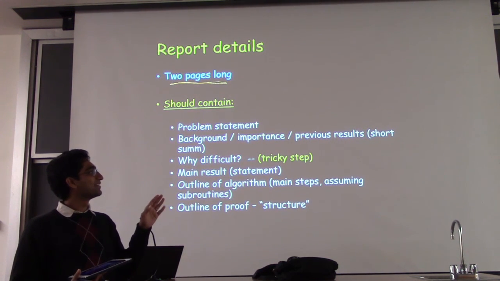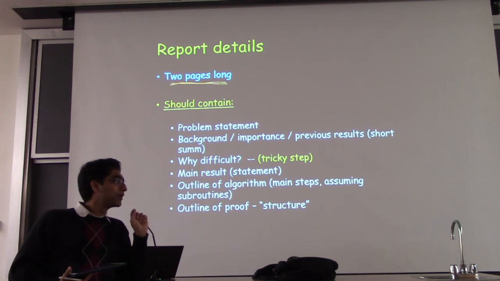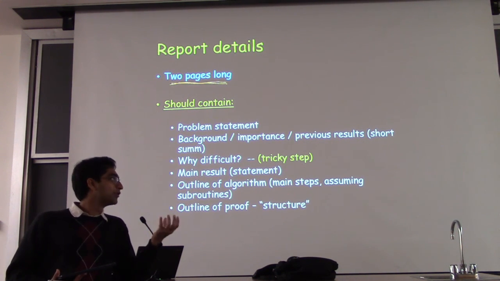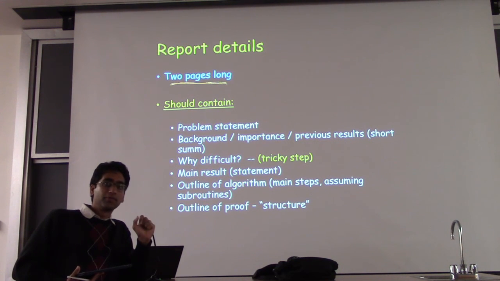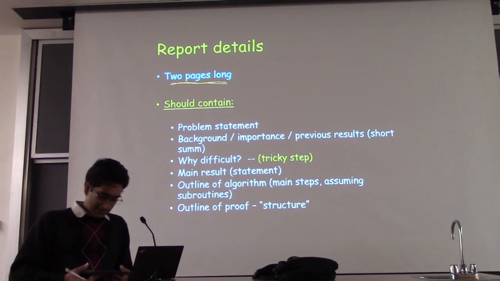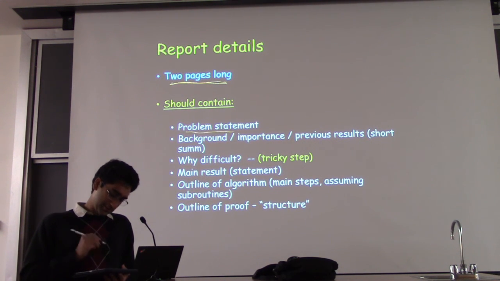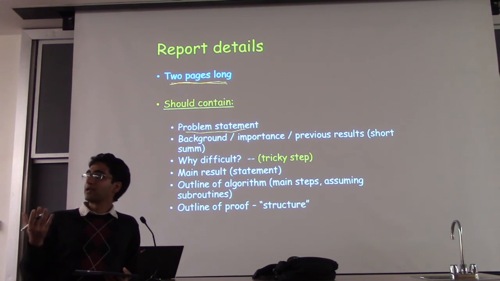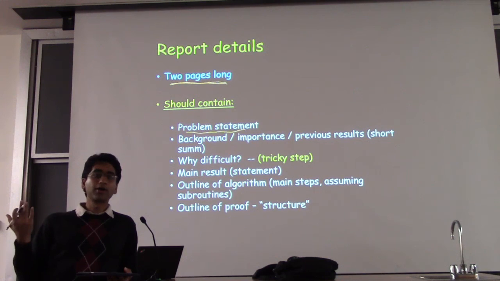So let me tell you what we are looking for in this. When you read a paper, the first thing you've got to get out of it is what problem they are trying to solve. This is the first thing you've got to figure out. The other thing is, why is this paper significant in the broader context?